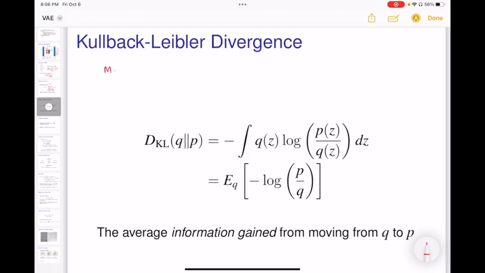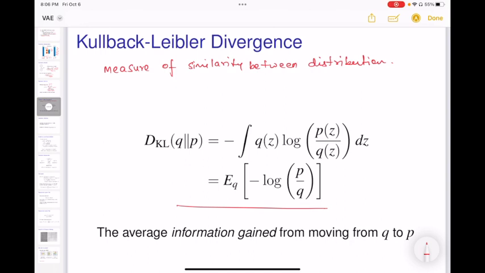So given two probability distributions, what we want to estimate is how similar these two distributions are, and that is done using the Kullback-Leibler divergence. And the Kullback-Leibler divergence is defined as such.